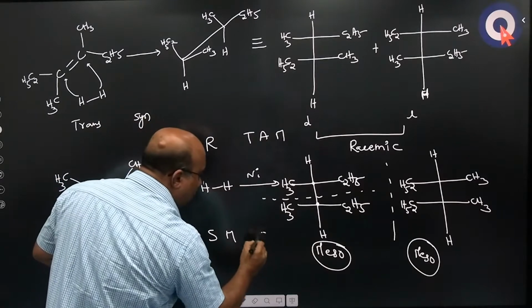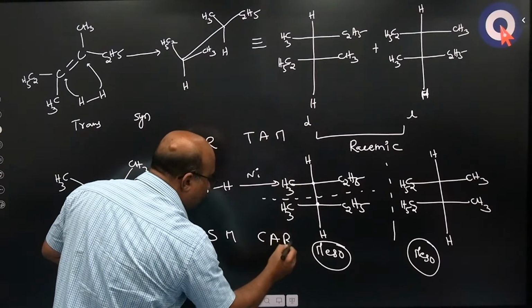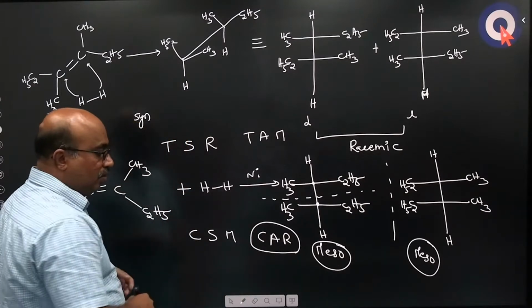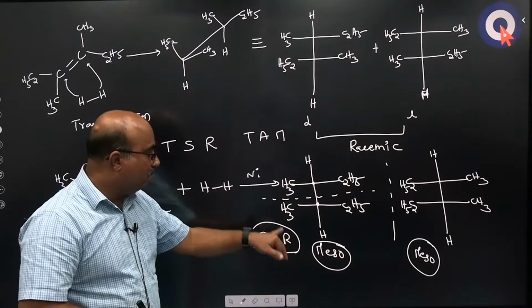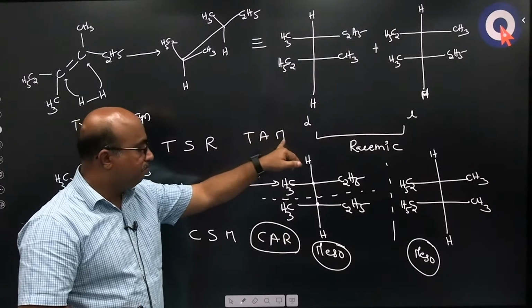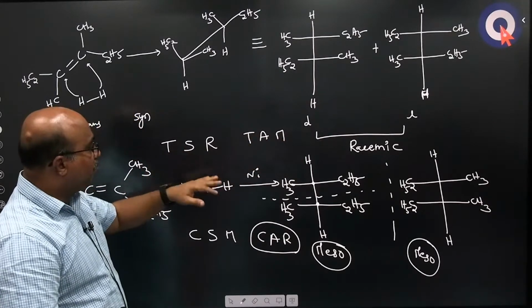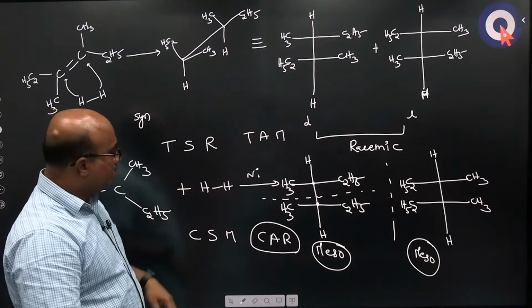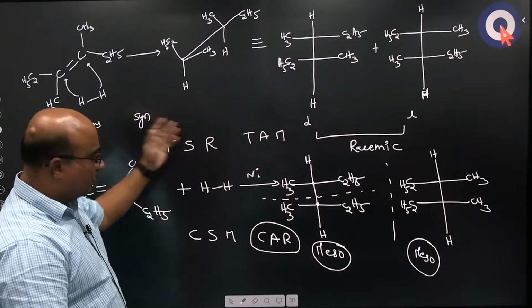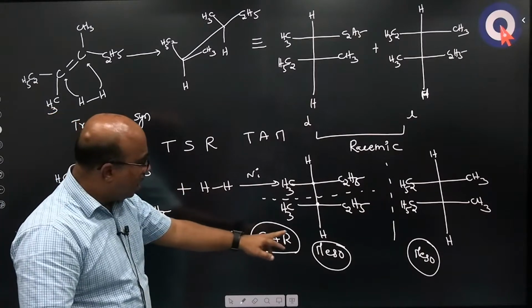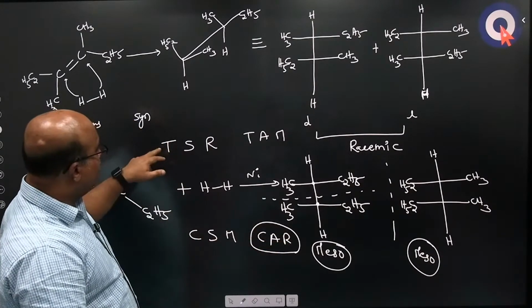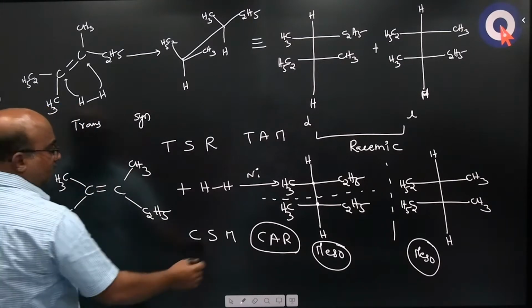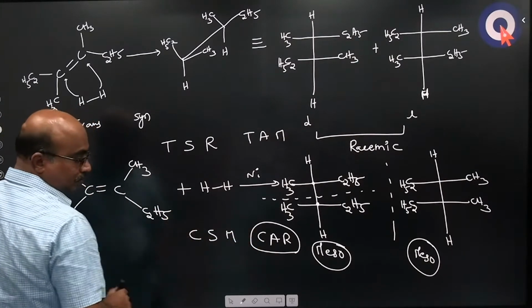Here we can say CAR. So you have to remember only this: CAR, TAM. Similarly, if it is anti, this is the order. If it is syn, the reverse. For CAR we get, for TSR. So when you change this, you have to change this.